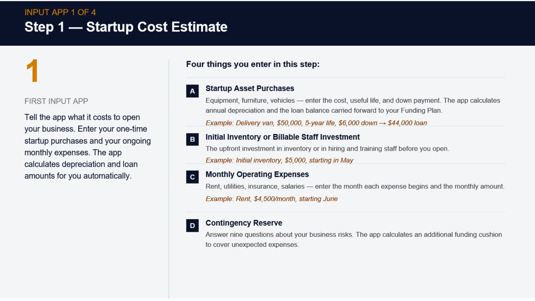The app requires that you put in a down payment amount. And whatever the balance is, it's going to consider that a term loan, which will carry forward to step 2. Okay, so that is how the first component works in step 1. That's A, startup asset purchases.